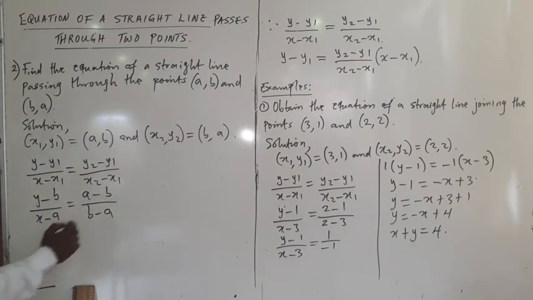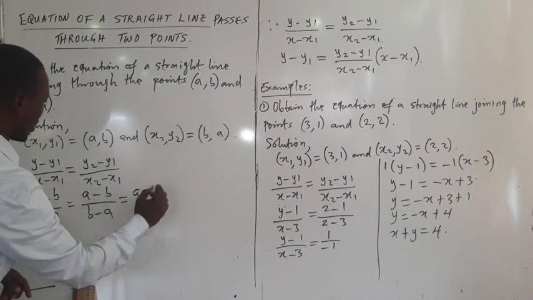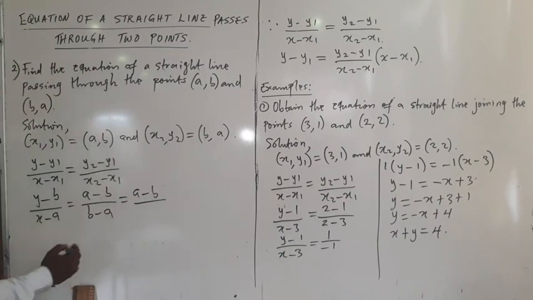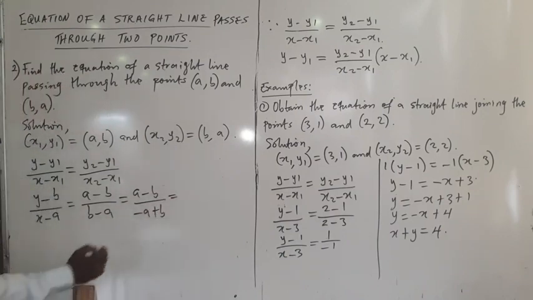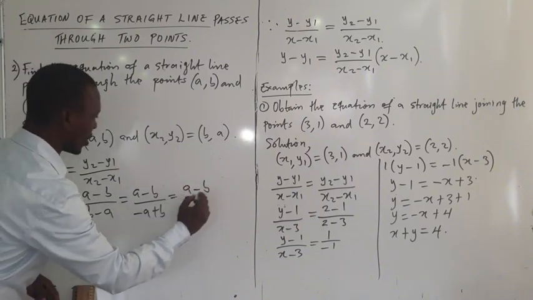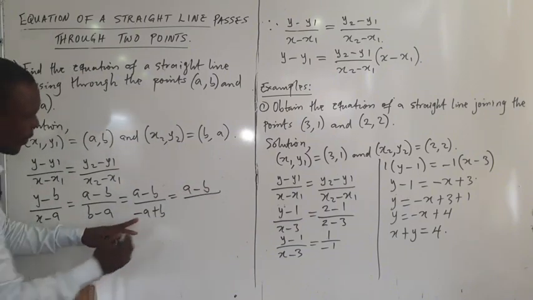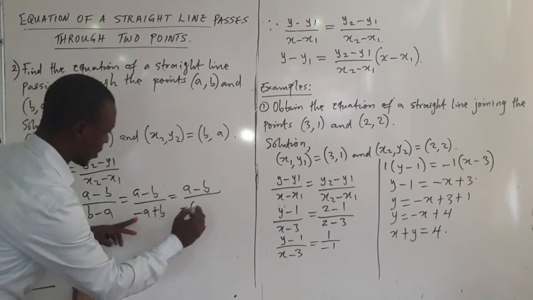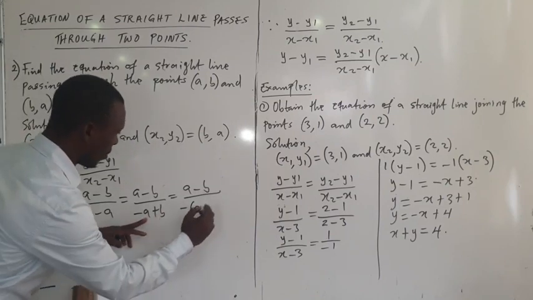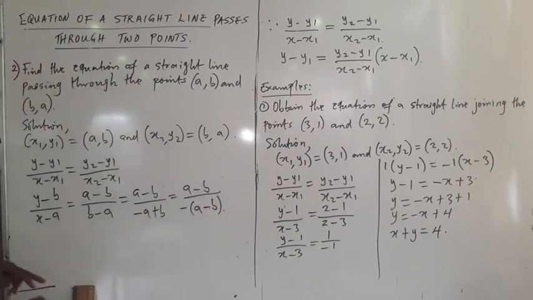So we can write this as (a minus b) over (minus a plus b), which is the same thing as (a minus b) over, the common factor here is minus, so factoring out minus, you'll be left with a minus b.